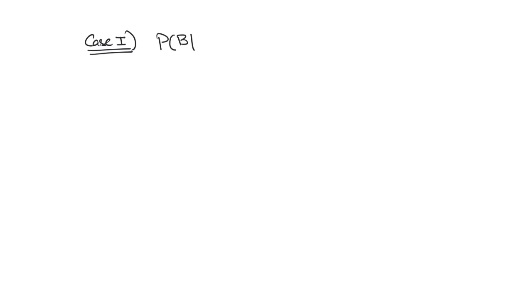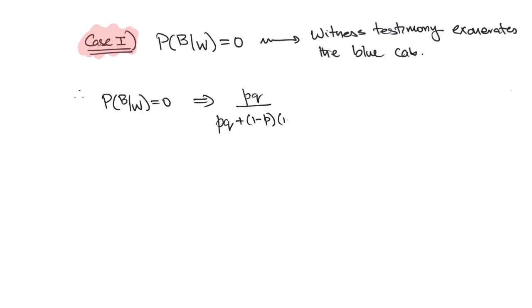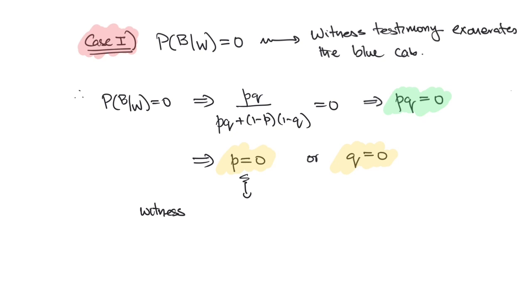The first case is when the probability of B given W equals 0. This is to say that the witness testimony actually exonerates the blue cab. Probability of B given W equals 0 will imply PQ divided by PQ plus (1 minus P) times (1 minus Q) equals 0, which is going to imply that PQ equals 0, and this results in P equals 0, which would mean that the witness reliability is 0, which could be the case for a variety of reasons.